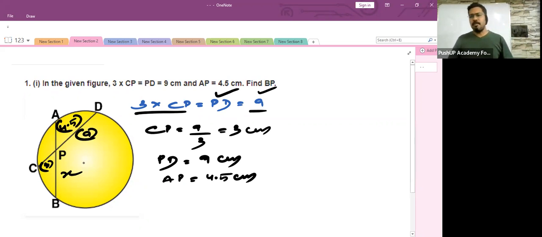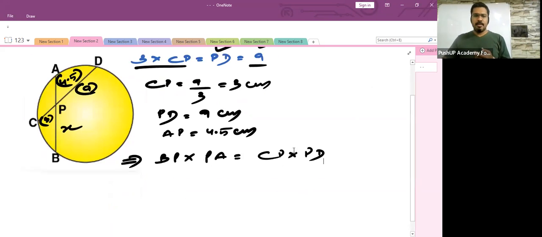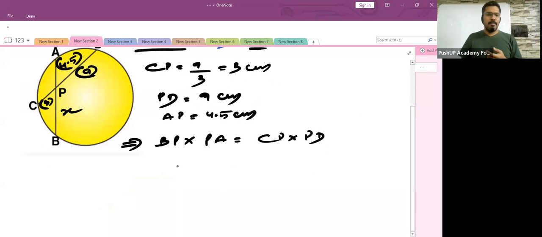How will you get the value of BP? So this is a pure case of scenario number 1, where there are two chords intersecting each other inside the circle, isn't it? So you know what is the result derived out of it. It was BP into PA is equal to CP into PD. Now just substitute the values. BP, that is what we have to find. I'll just write it as BP here.